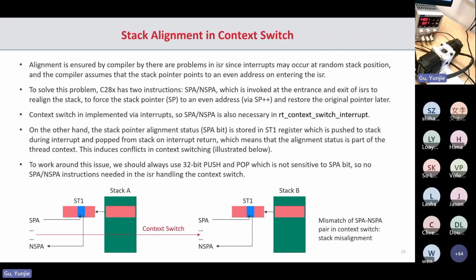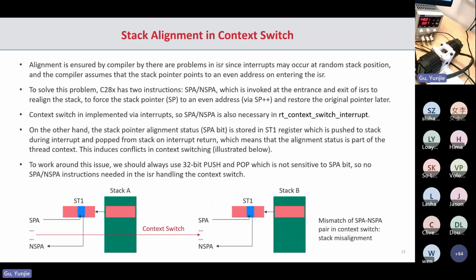To solve this problem, TI introduced two instructions, SPA and NSPA, for realignment of the stack in the ISR. In every ISR, you have to call SPA first, and before you leave the ISR, you call NSPA to restore the original stack pointer.